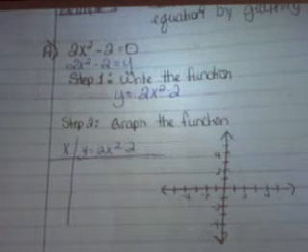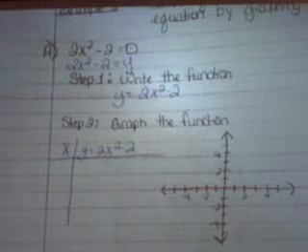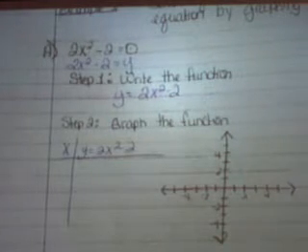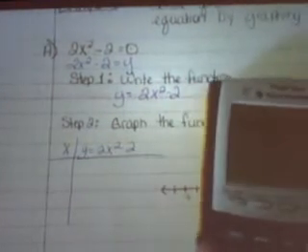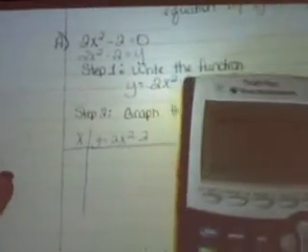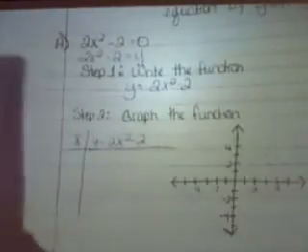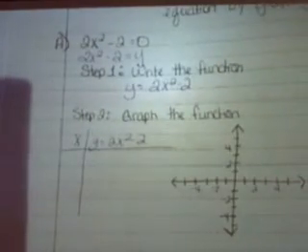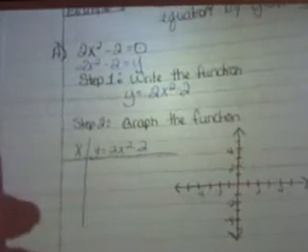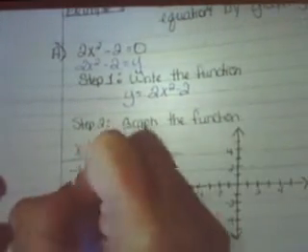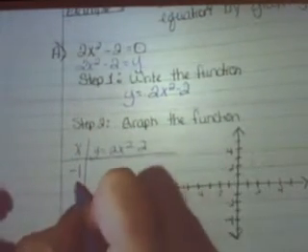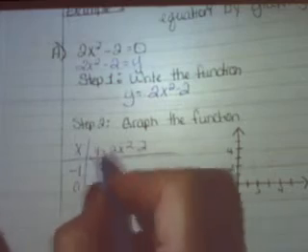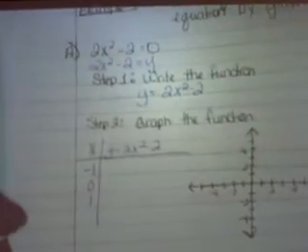Okay, y equals 2x squared minus 2. And then we're going to bring up our table, second graph. Now I'm going to give you some points to graph: x equals -1, x equals 0, and x equals +1.